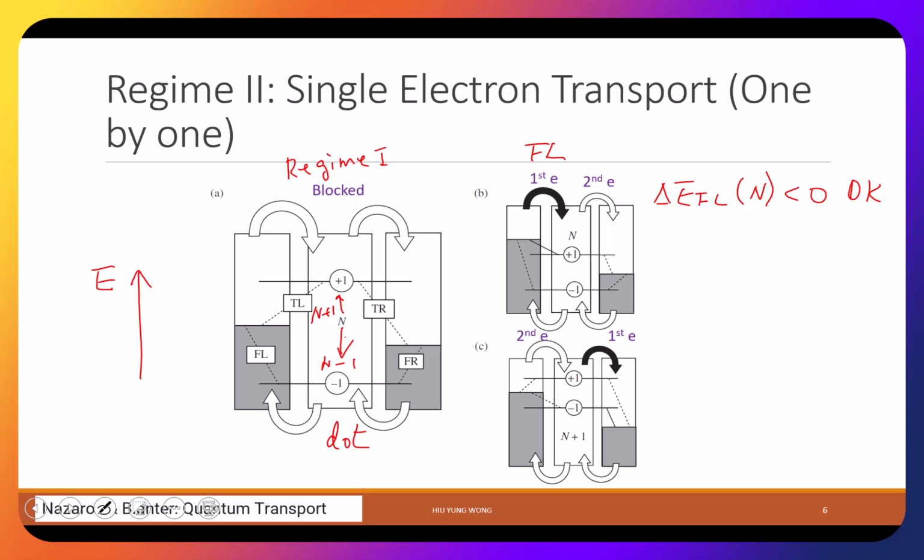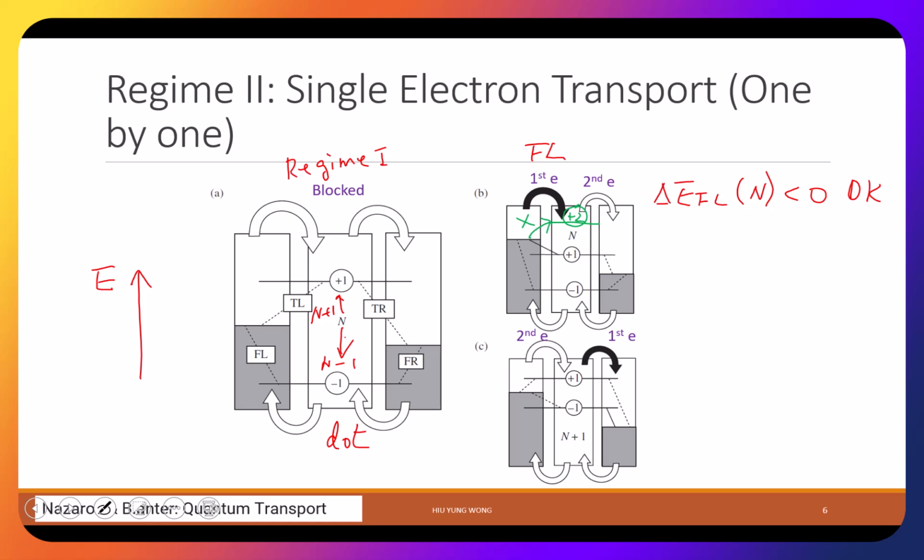Now, the point is this. After I transport one electron, can I add one more electron? You need to get to N+2. Very good. But N+2, we will make it such that it's higher than this one. So maybe this is N+2, and you cannot have the second one.